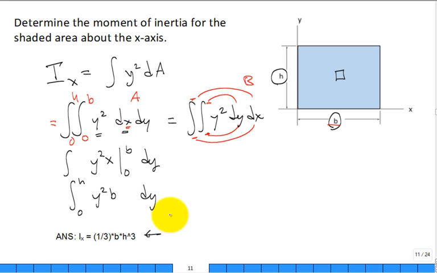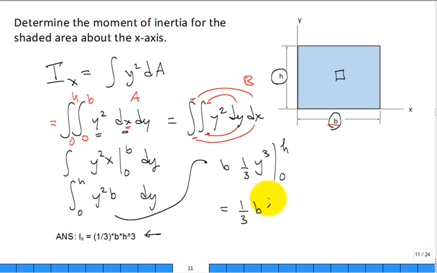So you're going to have b times 1/3 y cubed evaluated from 0 to h. You pick up 1/3 base times height cubed. And so there you go, I sub x. You can do it with version b too. Okay, so 1/3 base height cubed.